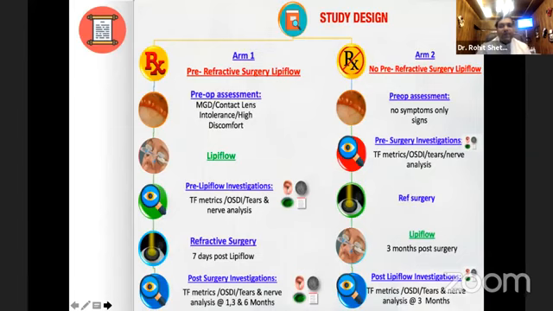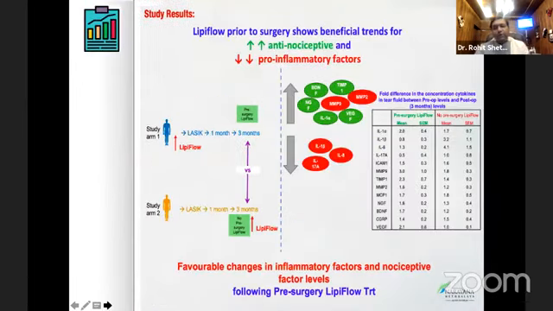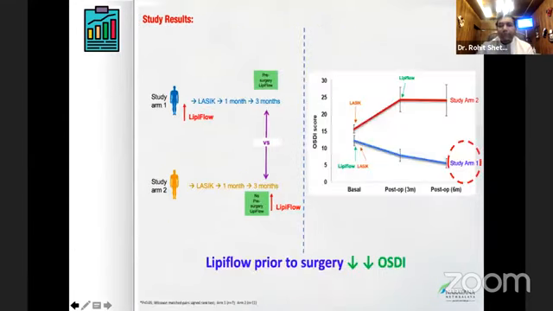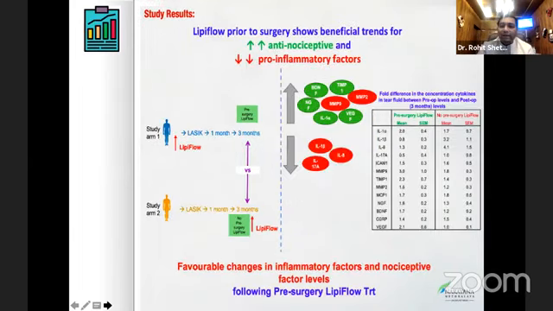This is an ongoing study which we're doing, before and after. One study is LipiFlow before refractive surgery, the other is post-refractive after 3 months. What we found was that when you do a LipiFlow procedure before refractive surgery, or even for a patient who has meibomian gland dysfunction, the quality of life is definitely better, and the quantity of your tear film, your TBUT, and the OSDI and all the complaints that come with it, get much, much better compared to doing it after 3 months.